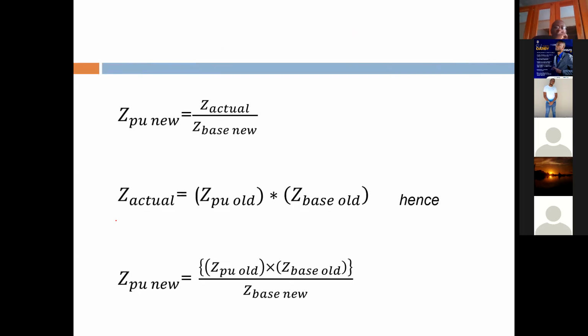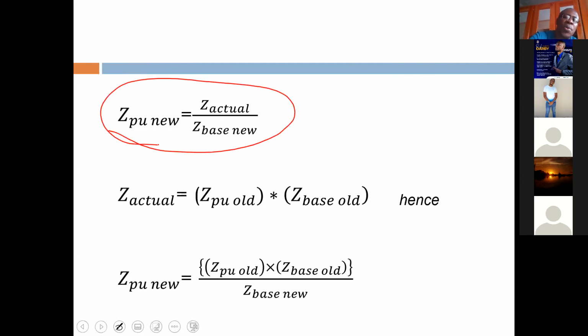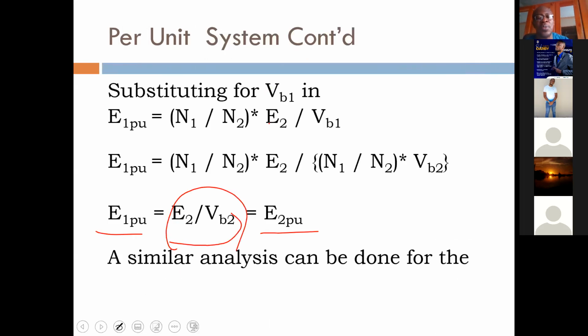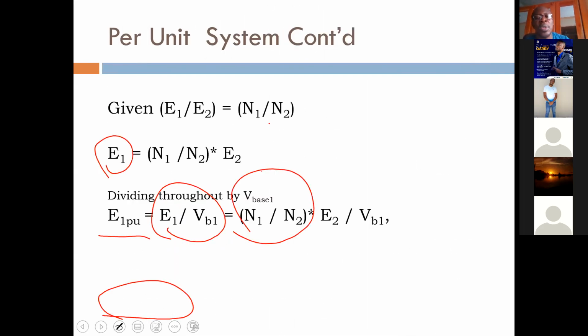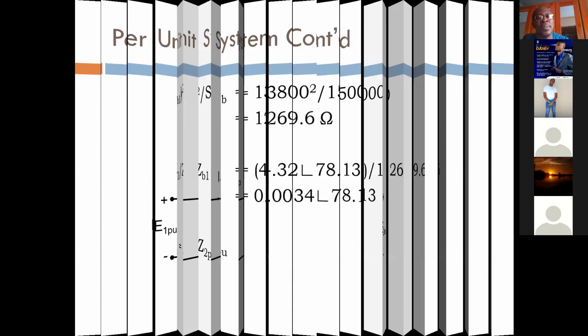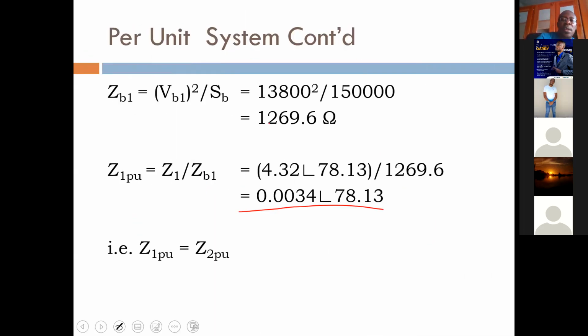So let's start first with, if I'm trying to find the new per unit, then this would be my formula, because per unit is actual over base. But what is the actual? Although I have the per unit values, let me just go back up to the question that we just did. In this question, the actual from the high voltage winding was 4.32.